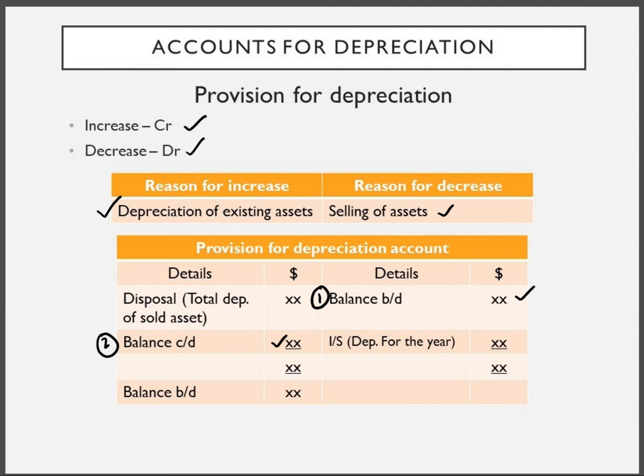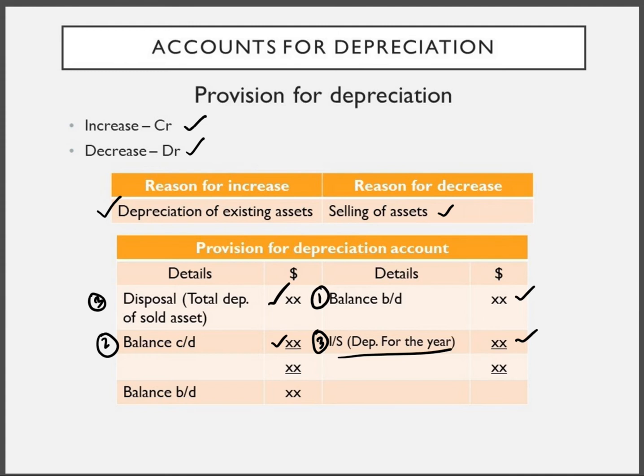Now, as the depreciation for the year increases the provision for depreciation, it will be entered on the credit side. This is the depreciation for the year, and this will increase the provision. The assets which we have sold or disposed, the total depreciation of that asset will be recorded on the debit side because it is reducing the provision.